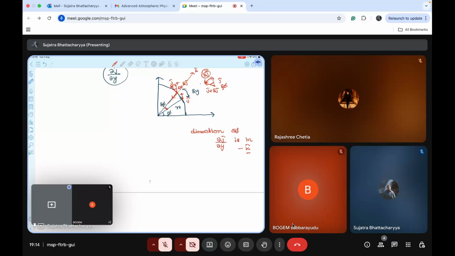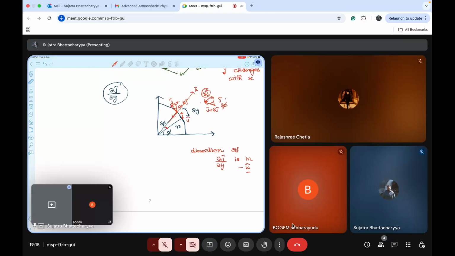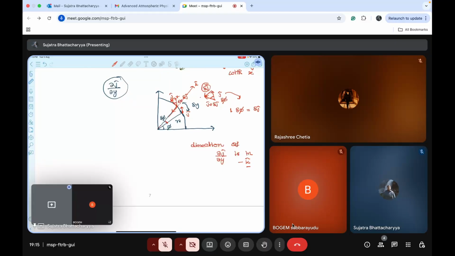But what is the magnitude? Try to see here. You know that the magnitude of a unit vector is 1. So 1 times radius times angle is the arc, which is delta j hat. Second, take this bigger arc, which is delta y equal to r delta phi, because this is the radius r and this is delta phi, which is nothing but delta y.